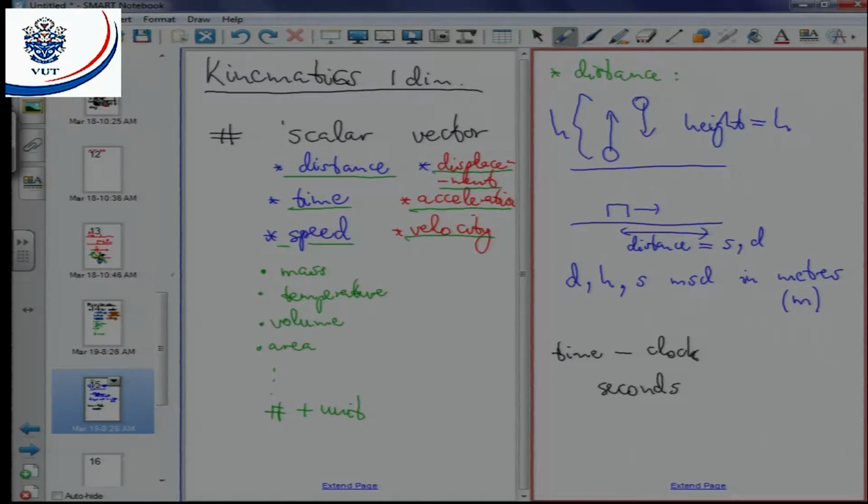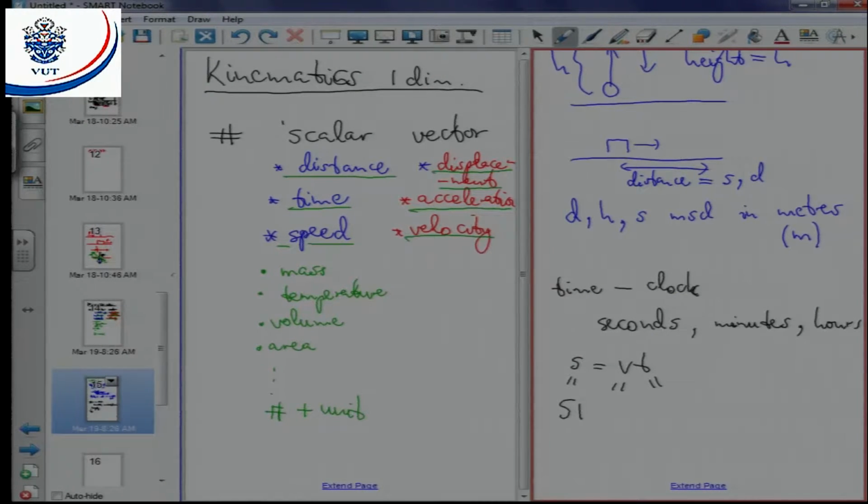Sometimes it can be given in other units like minutes or hours, and you have to convert these into seconds if you are working with SI units or any problem that we have. So anytime we write down an equation, say for example we write S is equal to Vt, in these equations you always work with SI units. So make sure that you convert everything to SI units before you plug in the values.